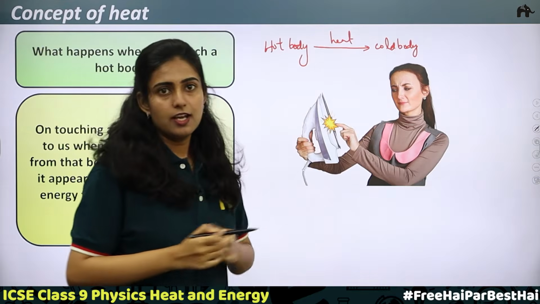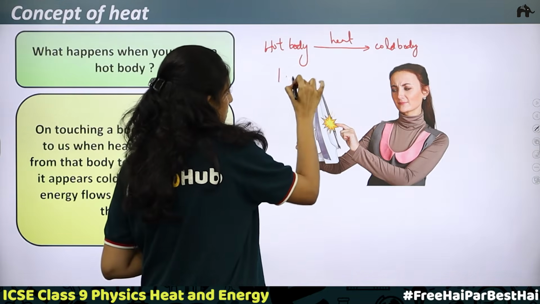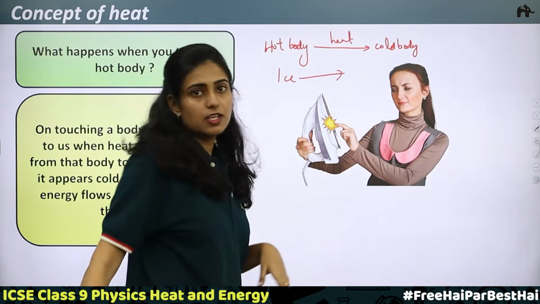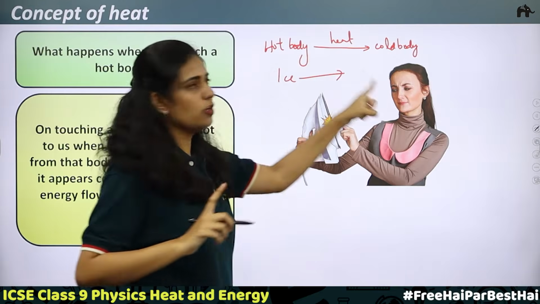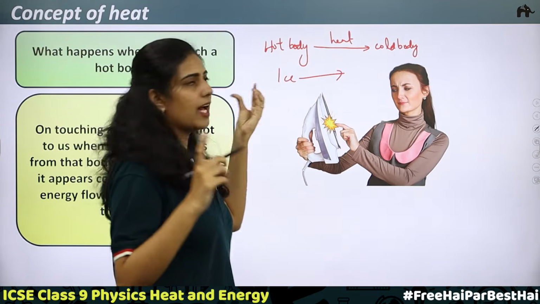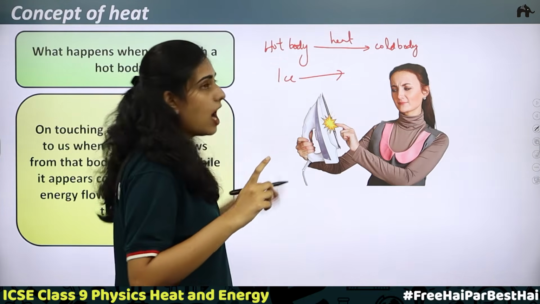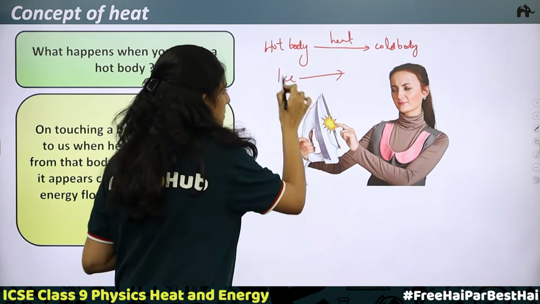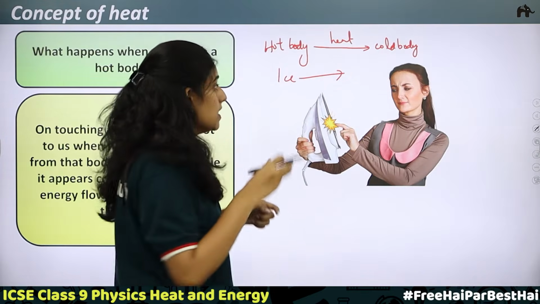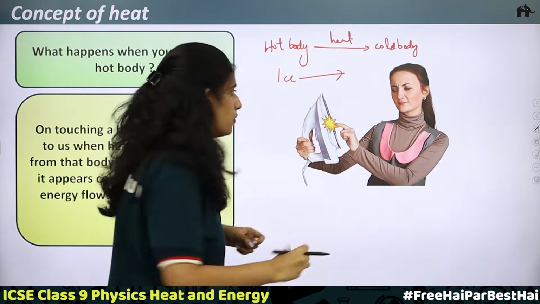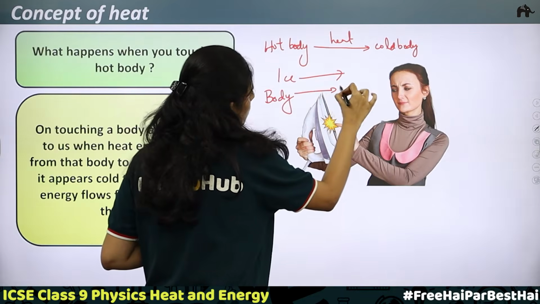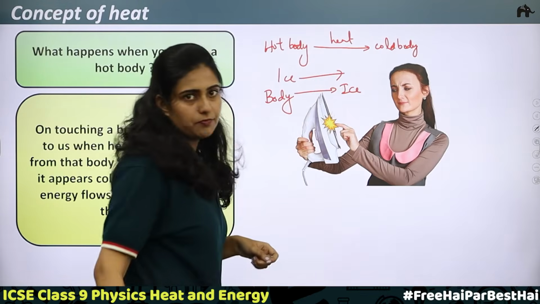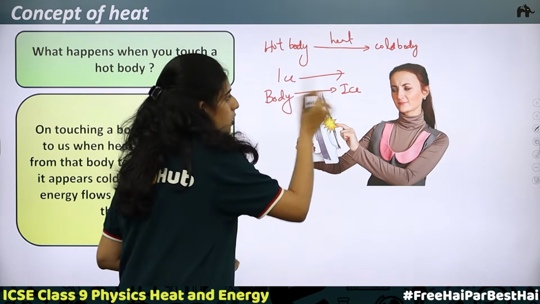So we are able to feel the heat because there is a transfer of heat from the hot body to a cold body. Now, what happens when you touch ice? Is there heat flow from the ice to your body? No, right? When you compare with the ice, the temperature of our body is greater than the temperature of ice, which means heat energy will now flow from the body to the ice.